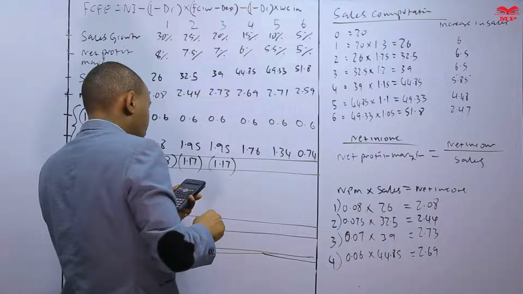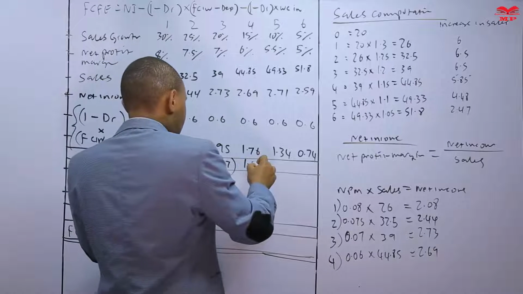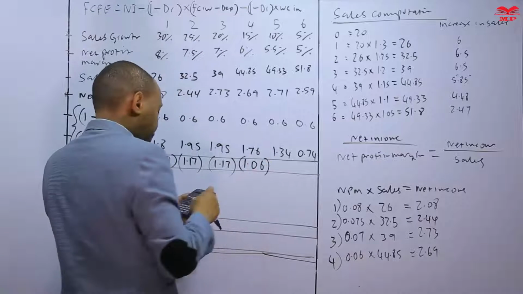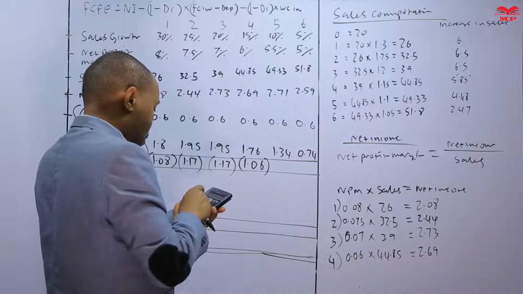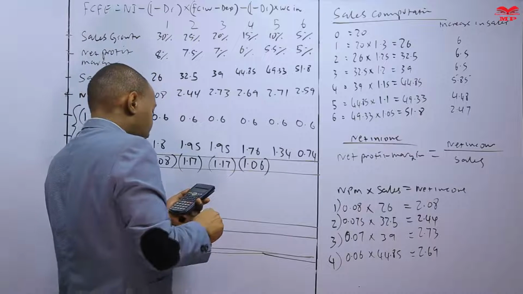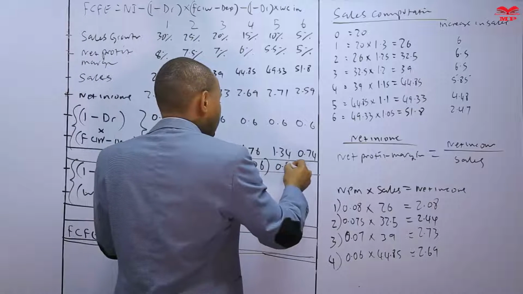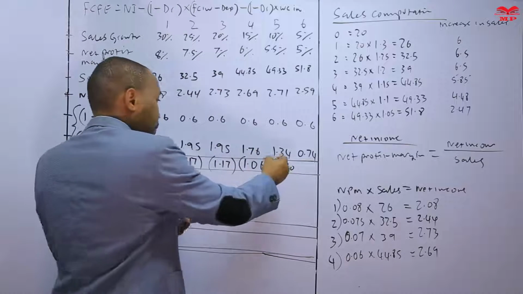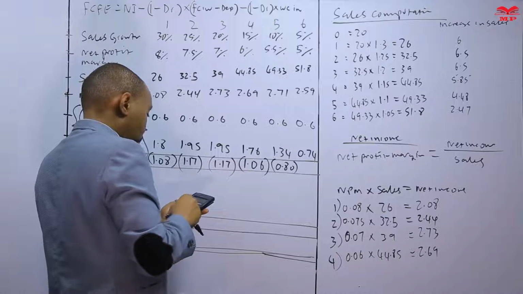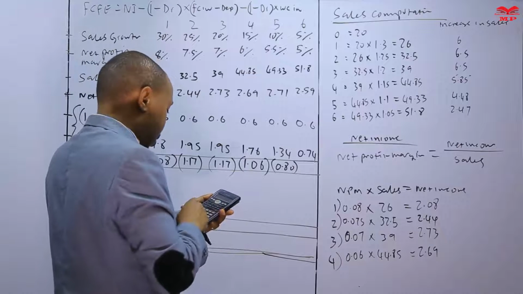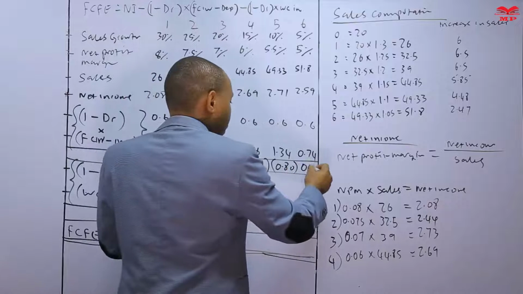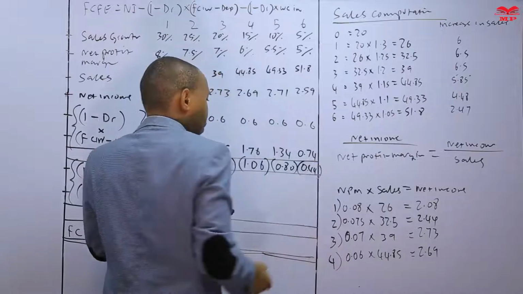We have 1.06, we can say that. And 1.34 multiplied by 0.6, 0.80. Finally, 0.74 multiplied by 0.6, we have 0.44 there.